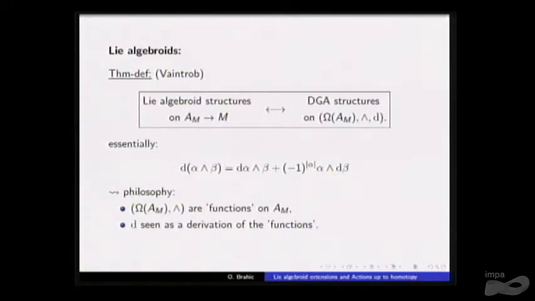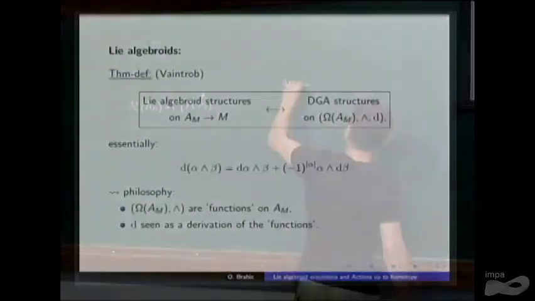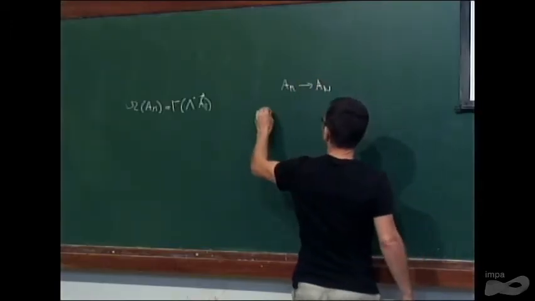Just to make one small point, where I think this result is really nice is that this is functorial. So, for instance, if you want to describe a Lie algebroid morphism between two Lie algebroids, basically you can pass to cohomology and show that what you have is exactly a morphism of the DG algebra. So say I want to describe a map from A_M to A_N.